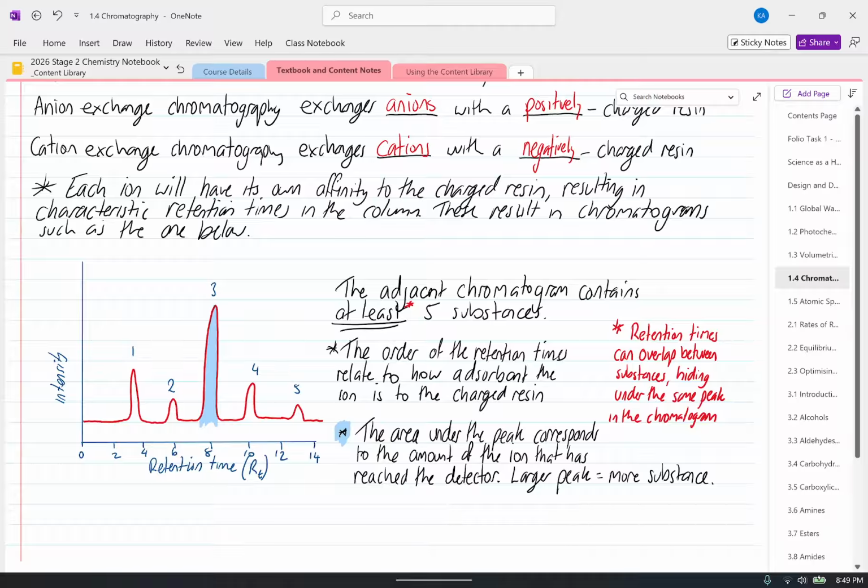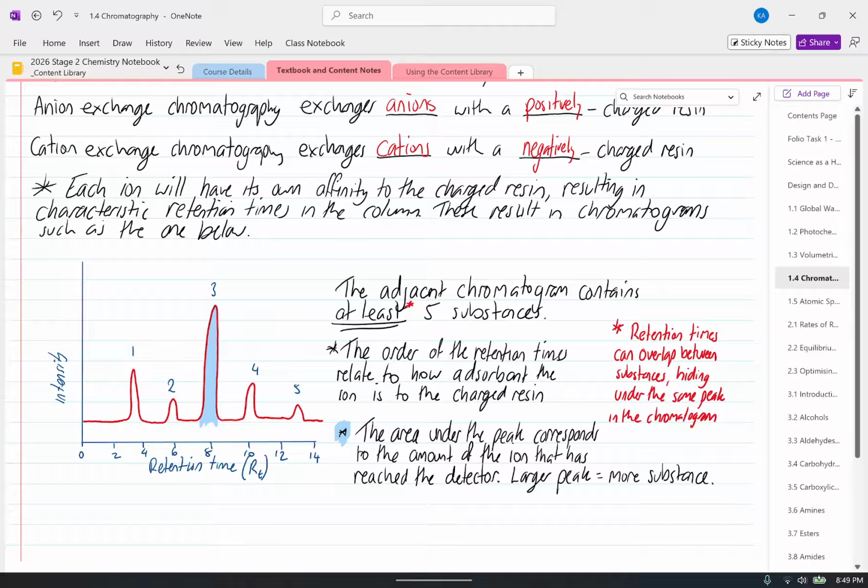Technically, you could have more than 5 substances here, but that would mean that, for example, if peak 1 was actually representing multiple substances, they would just have to have had the exact or very close interactions with the stationary phase as each other, so that their retention time is near or close enough to not be able to see the difference. So that pretty much says that here. Retention times for substances can overlap, which could hide different substances under the same peak. Not super common, but there are ways to work around it.